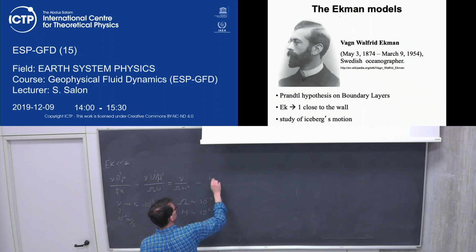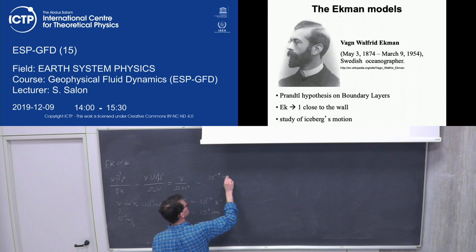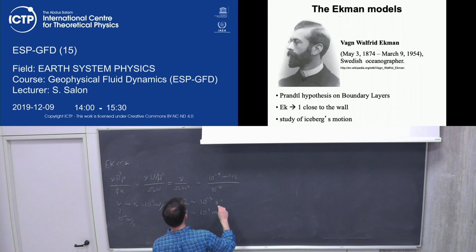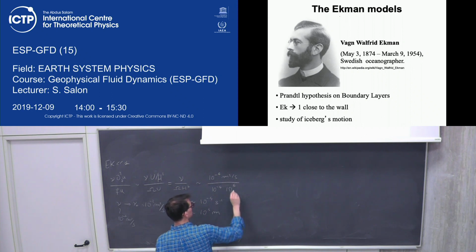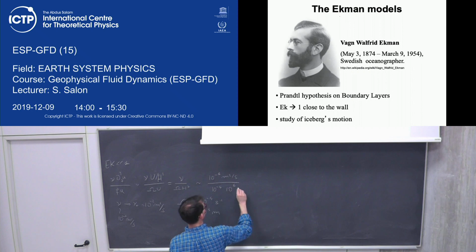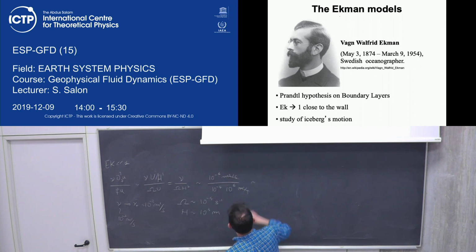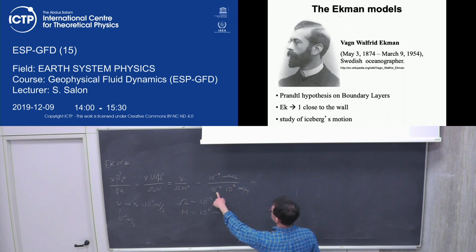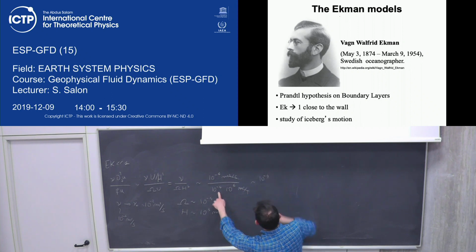So we have 10 to the minus 6, and then we have omega, which is 10 to the minus 4, and h squared, which is 10 to 6. So this is per second. So this is 10 to the minus 2, so it's 10 to the minus 4.